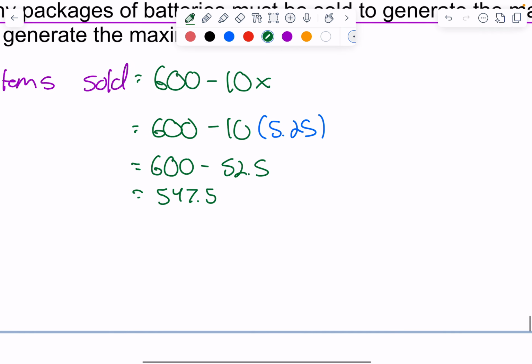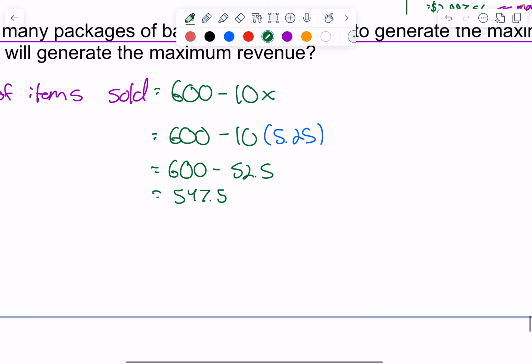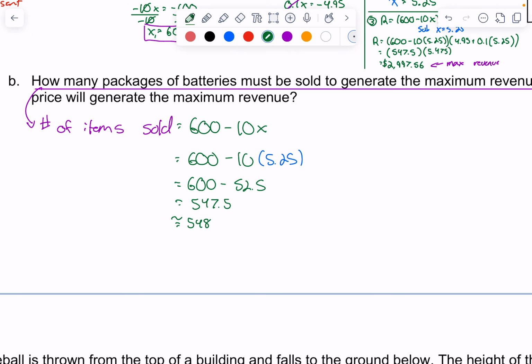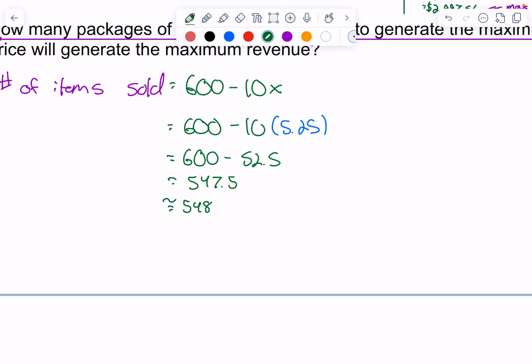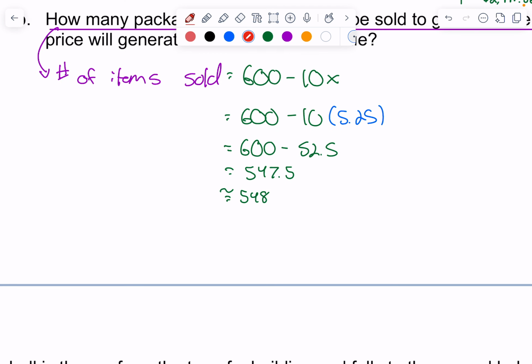All right, well, let's round that up because you can't sell half a package. So roughly we're rounding to 548 packages of batteries sold. Therefore, 548 packages of batteries sold.